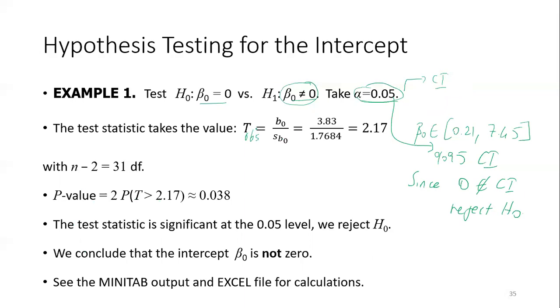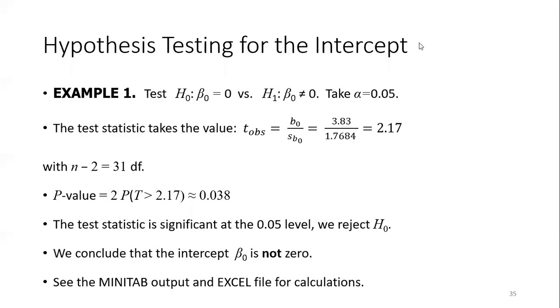So it turns out that the p-value is, so in fact this is T observed, sorry for this. Here T observed, b0 divided by S of b0, is equal to 2.17, and the p-value associated with this is, let me plot this so that it again illustrates how we find the p-value.